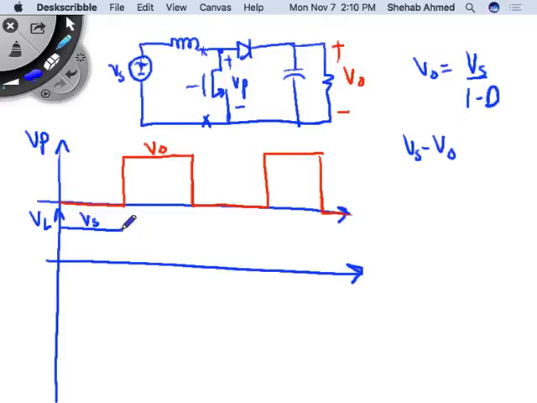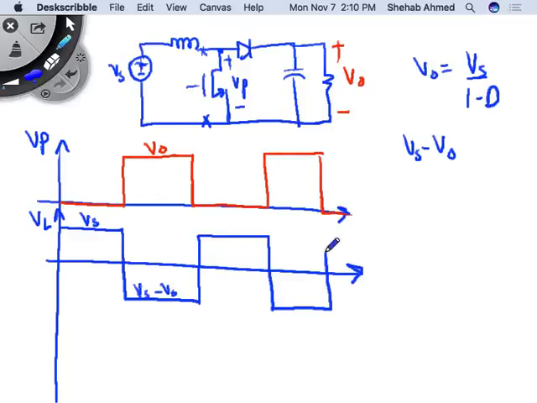So let me draw something here. So this is Vs minus V output. And if this area is equal to this area, I know that everything is fine, because I know that the average value of inductor voltage has to equal 0, right?